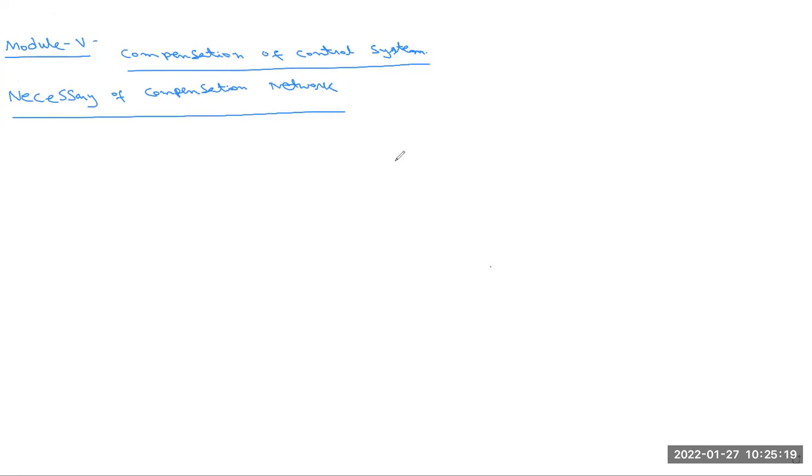Number one, in order to obtain the desired performance of the system, we use this compensating network.